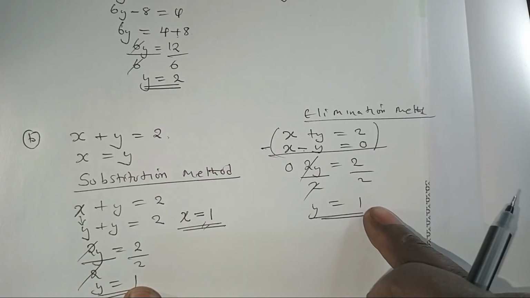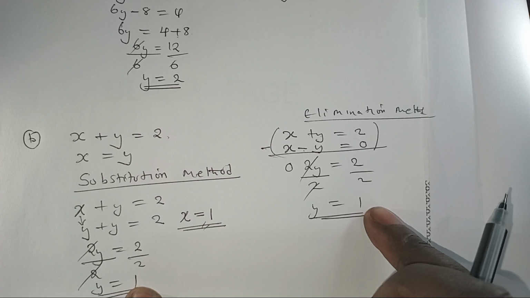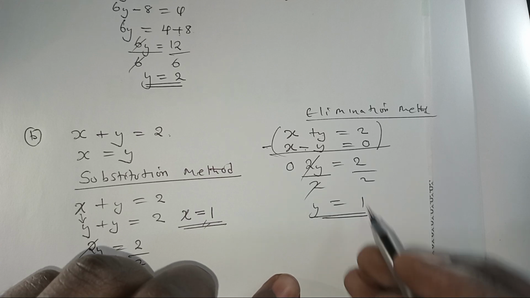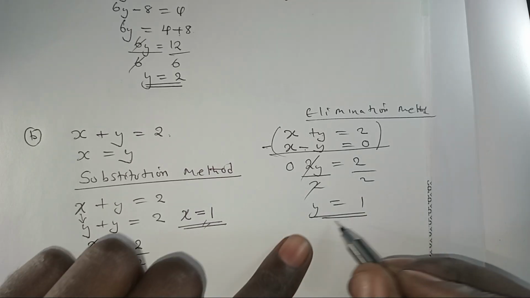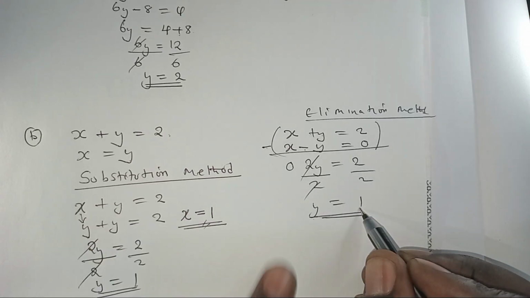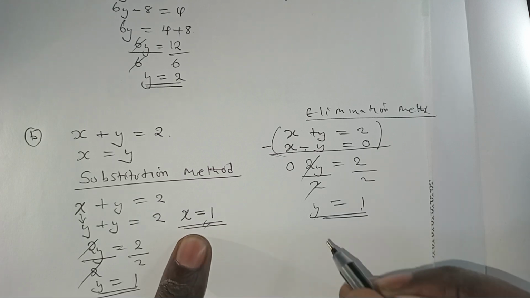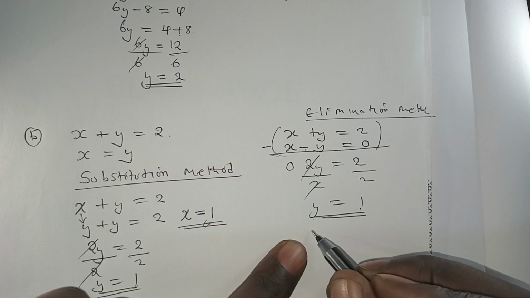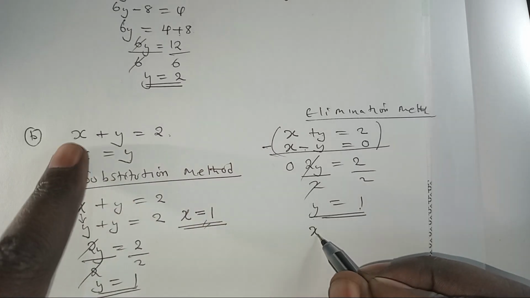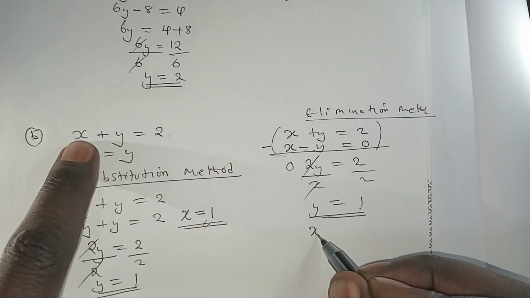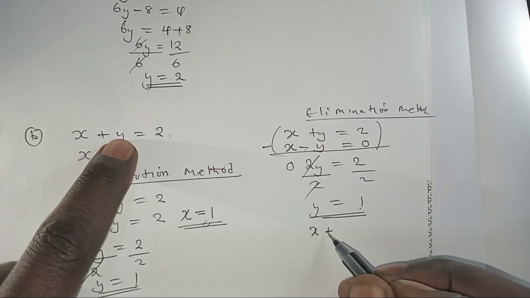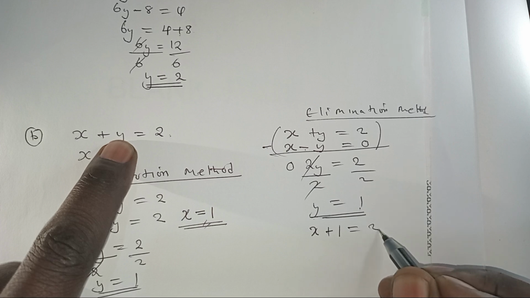Again, we have gotten the same value for y. Also, we can take any of those equations and replace where there is y with 1 and see if we get the same value for x. So we simply say x, for the first equation, plus where there is y, we put 1, and we say equal to 2.